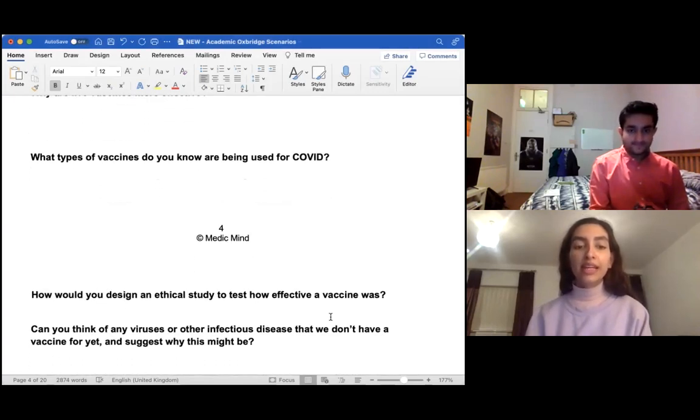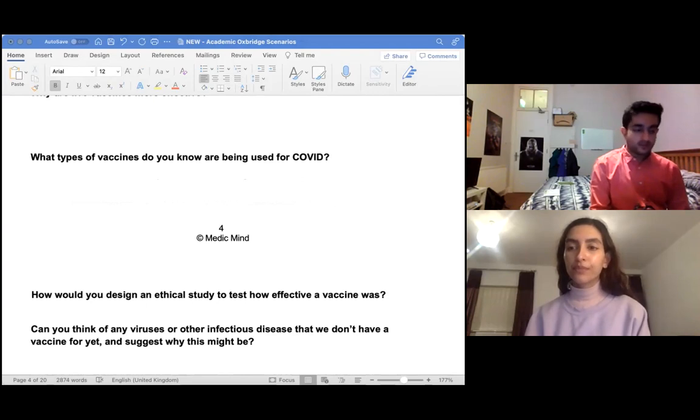Can you think of any viruses or other infectious disease that we don't have a vaccine for yet, and suggest why this might be? So malaria, we don't have a vaccine for. I think, firstly, because it's a parasitic infection, the natural infection does not elicit a proper immune response. And also, maybe there's not enough funding for it at the moment.